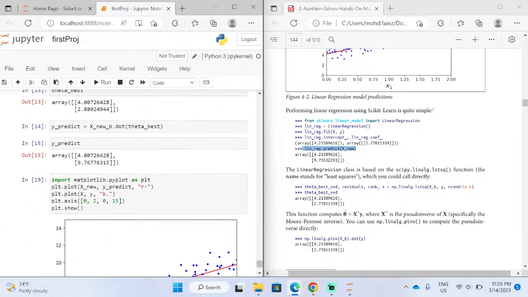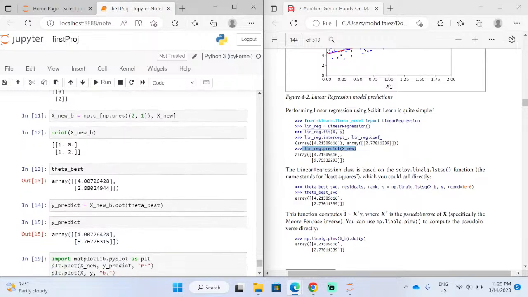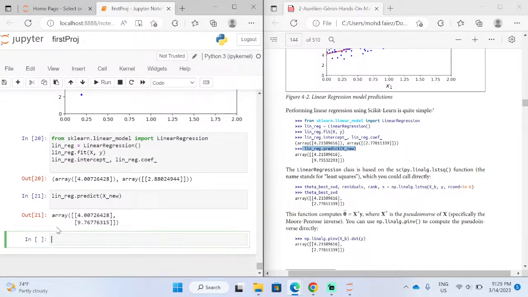X new, what was the x new? It was a concatenated one, right? 1, 0, 1, 2. linear_reg.predict(x_new), 4, 9.